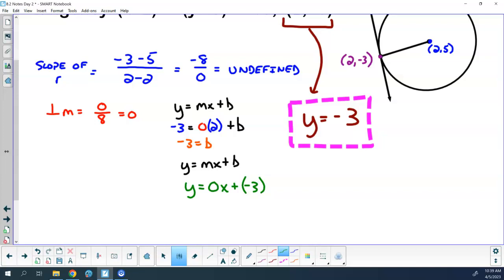So it's the same thing, just a little more work.